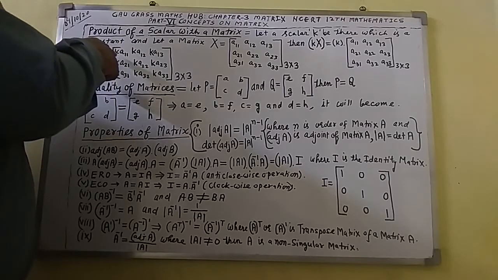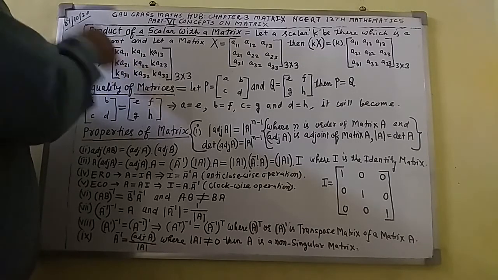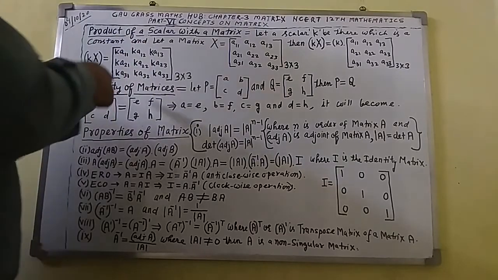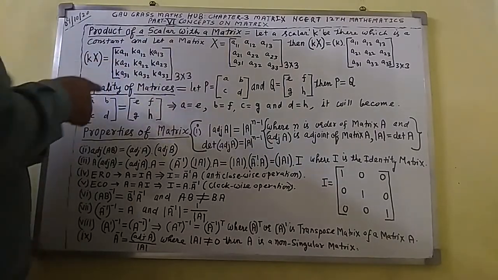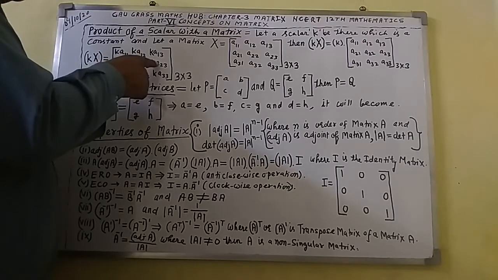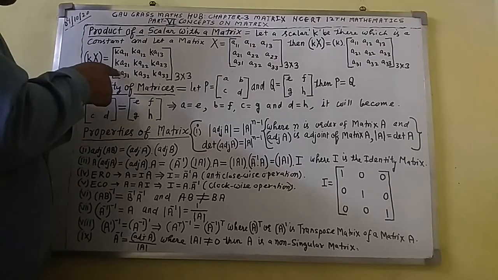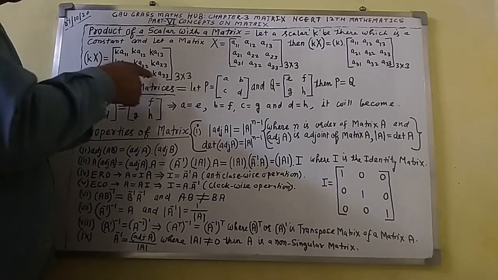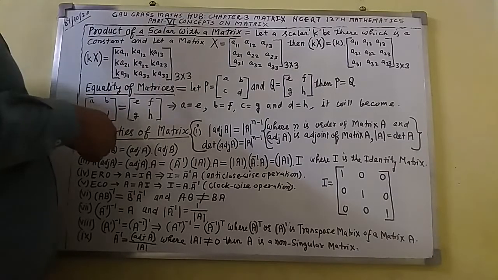Here you can see k is multiplied to A11, A12, A13, A21, A22, A23, A31, A32, and A33.